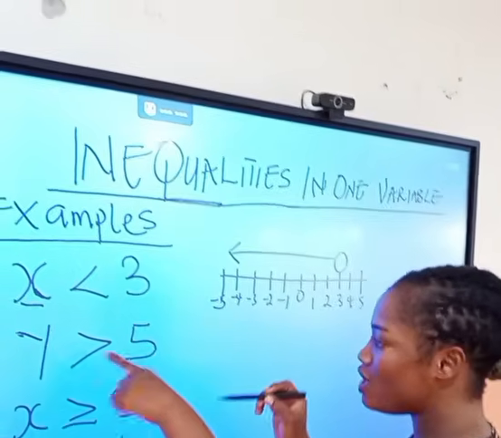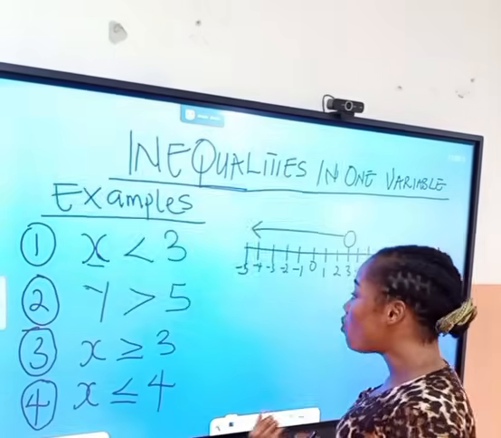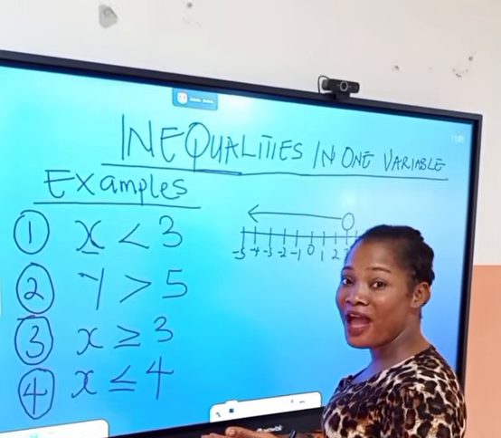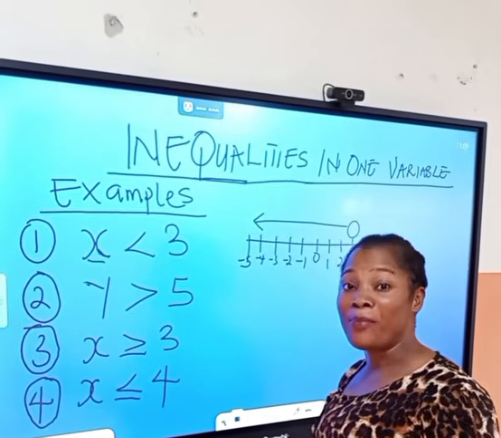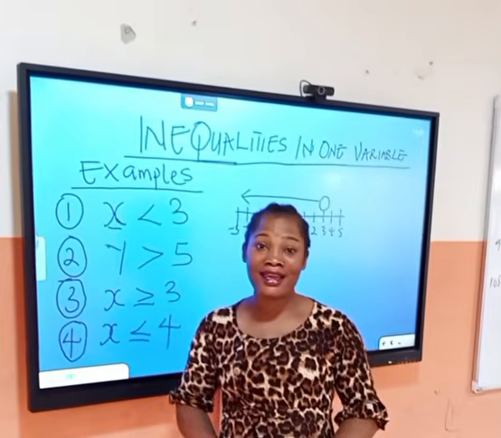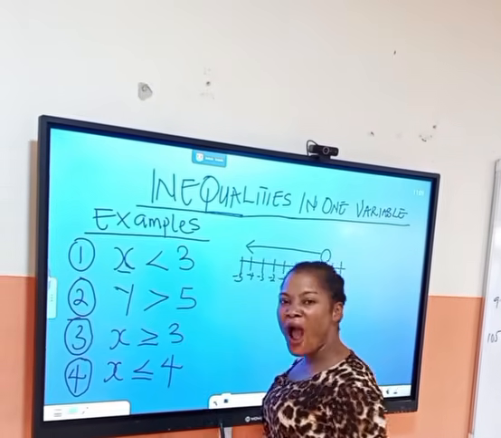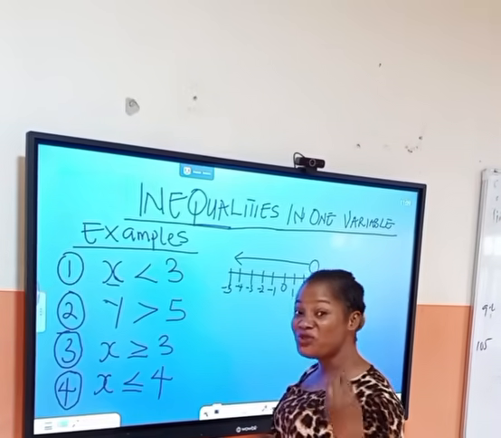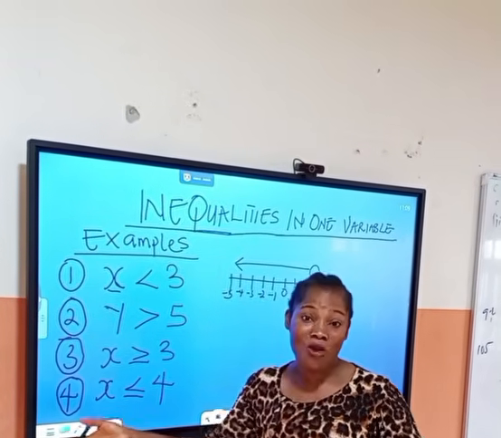So let's say this: y is greater than 5. If you think about your Cartesian plane, x is the horizontal line while y is the vertical line. So if I want to graph y is greater than 5, I will have to use a vertical line, though some persons can still use the horizontal.